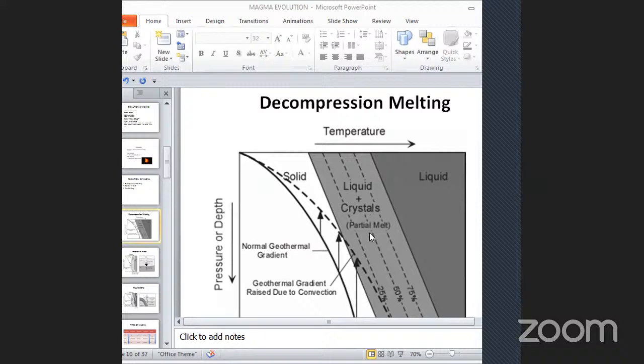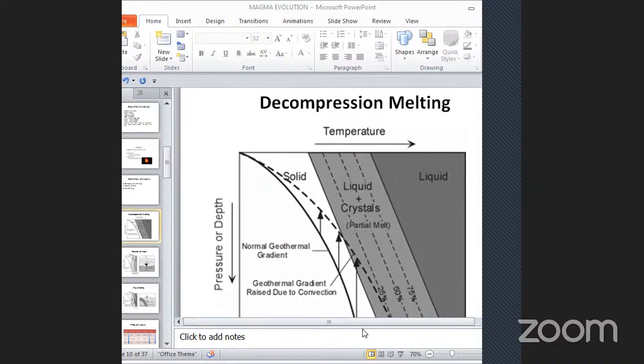This liquid, this partial melt, can be separated from the remaining crystals, because in general liquids have a lower density than solids. So basaltic magmas appear to originate in this way, right? So this is decompression melting.